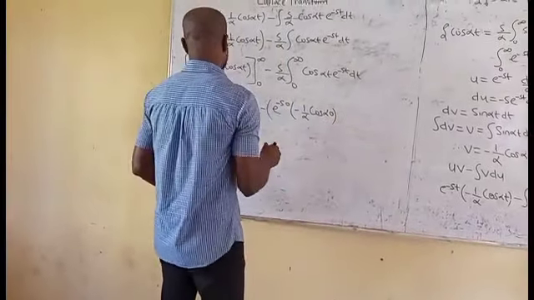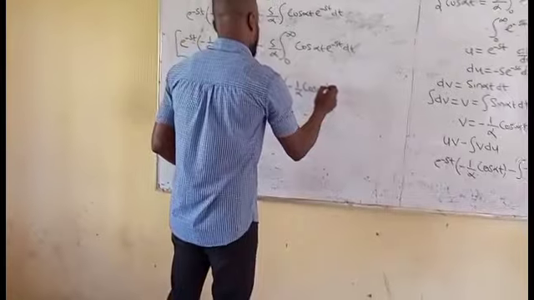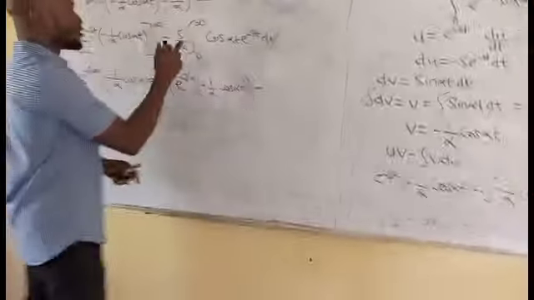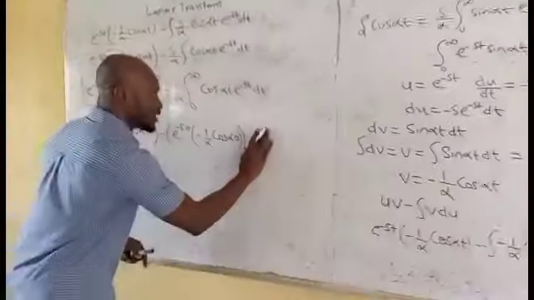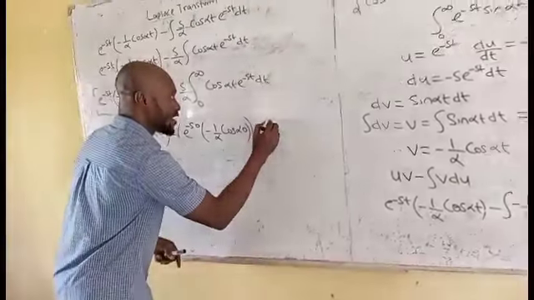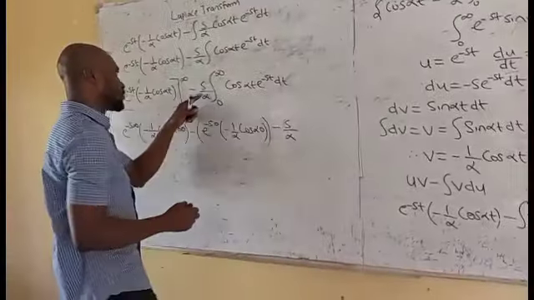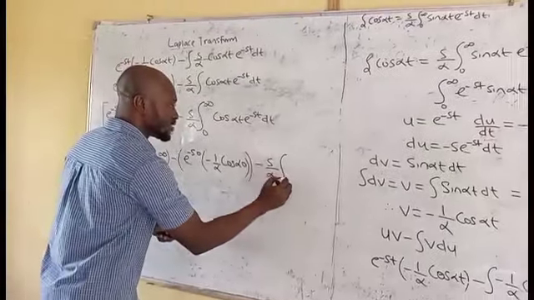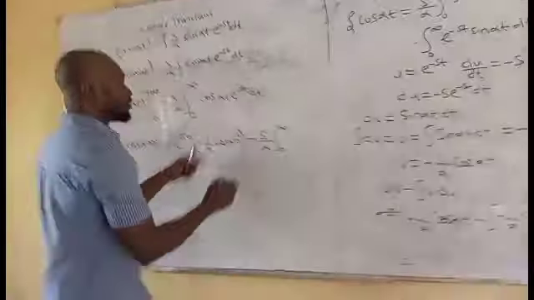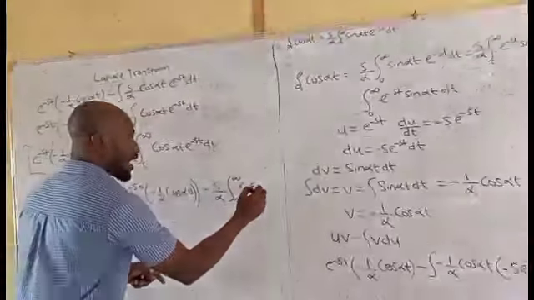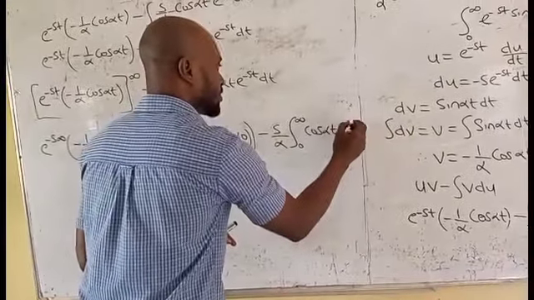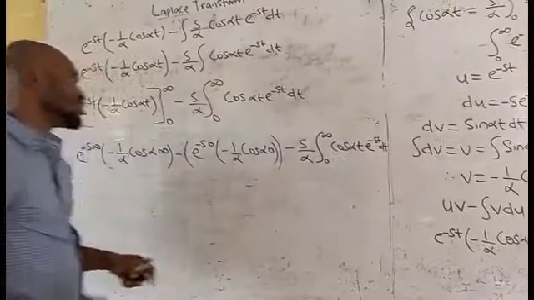Now the next one is minus x over alpha, then you have the integration sign from 0 to infinity, then I have my cos alpha t exponential minus st dt.